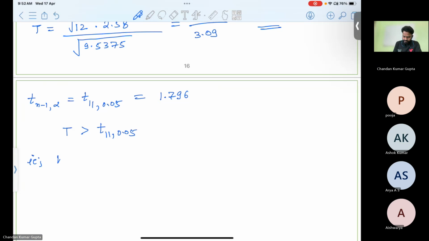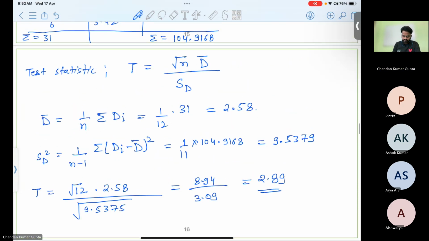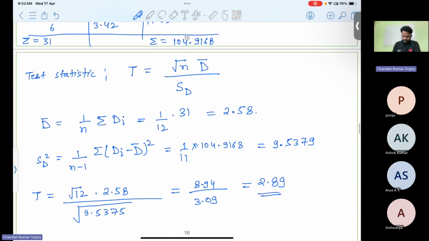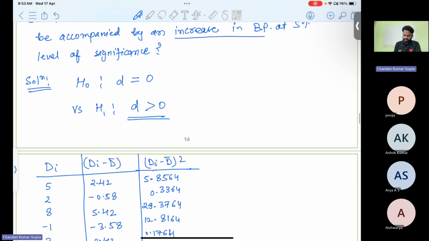We reject the null hypothesis. That means what? This is rejected, that is, the alternative is correct.